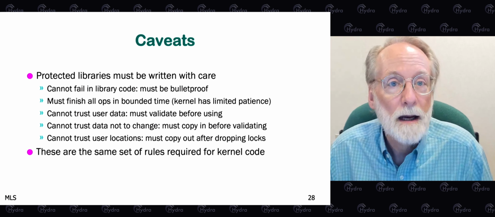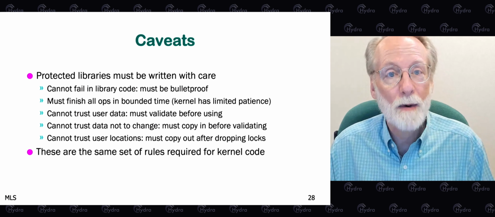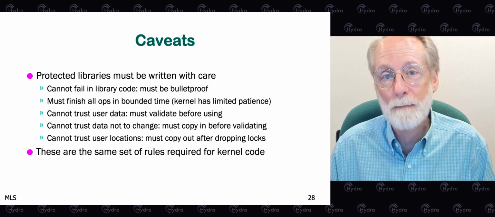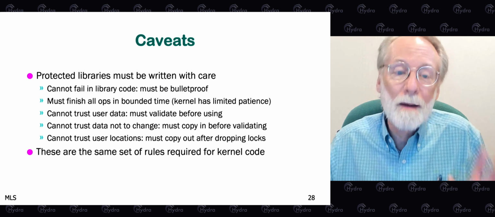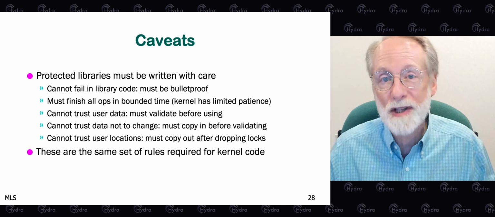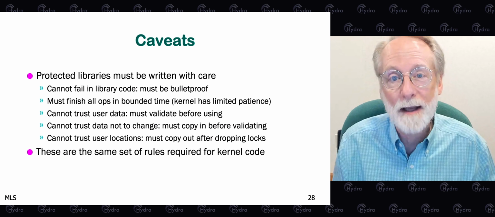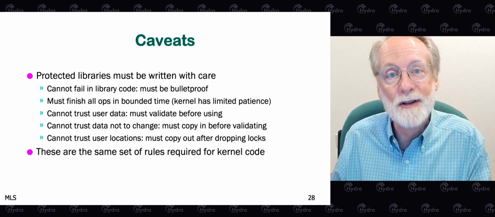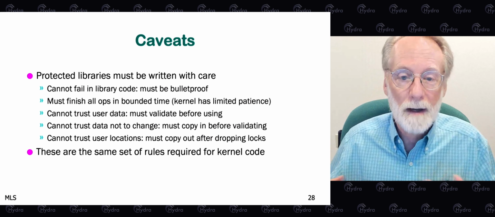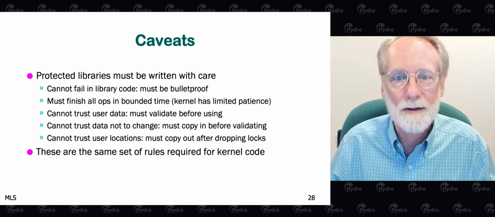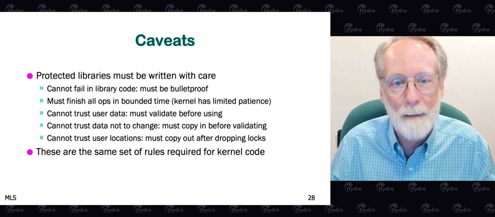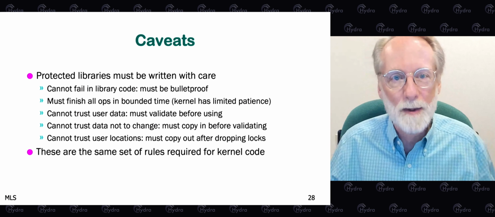And similarly, when copying back, you can't count on the memory space being intact. So there's this worry that while you're copying results back from the library into the application, some other thread of the application might do a PKRU change, or might even do a kernel call that changes page mappings, and suddenly the library would segfault.